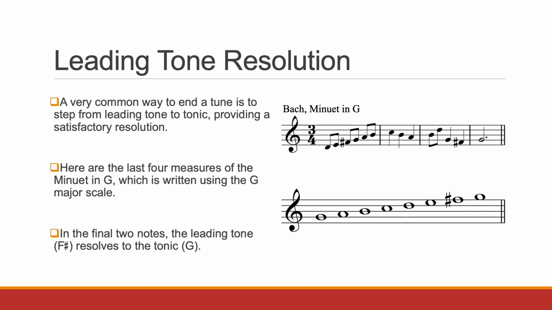In the final 2 notes, the leading tone, F sharp, resolves to the tonic, G. And that's based on this G major scale. Leading tone to tonic, which occurs 1 octave lower in the example.